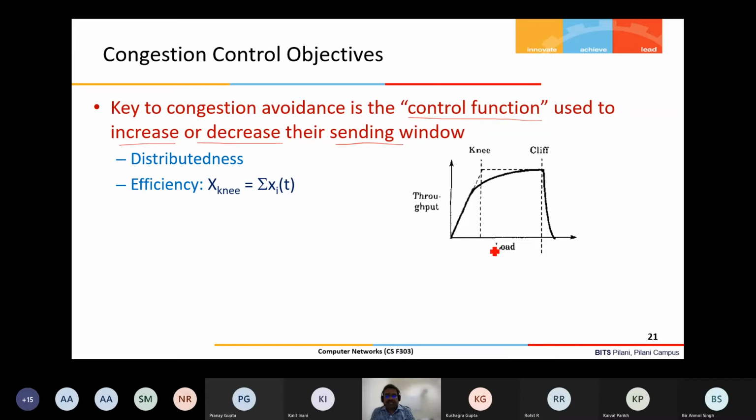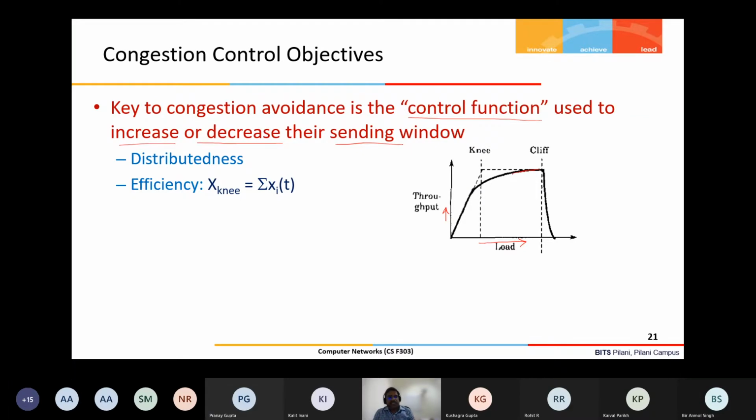You can see in this graph that the plot is between the load and the throughput. As you increase the load, initially the throughput increases, and then it saturates at some maximum level, which indicates the maximum capacity of the link through which my data is passing.